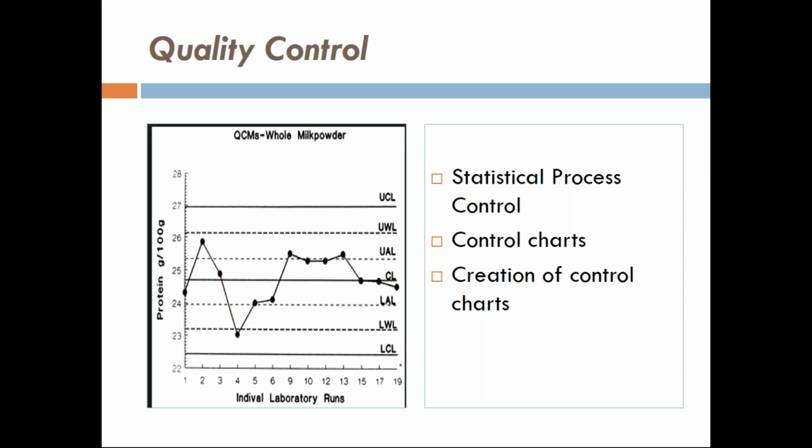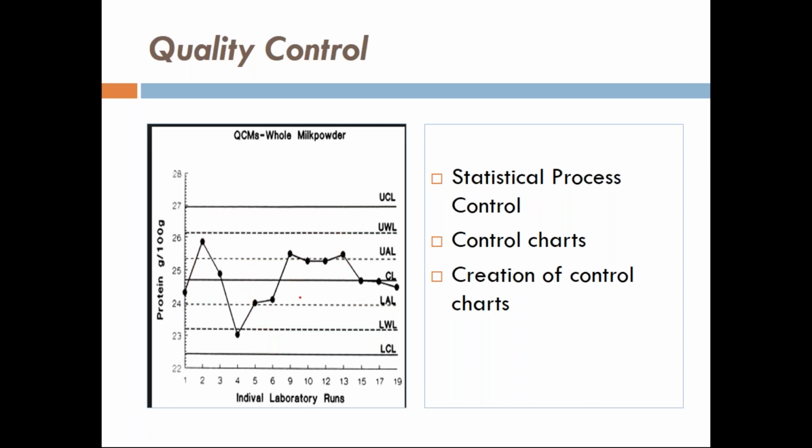If the pattern is consistent, then that's good. Suppose the pattern is going up here and going there, then there is a problem. So you have to inform and warn your supplier.